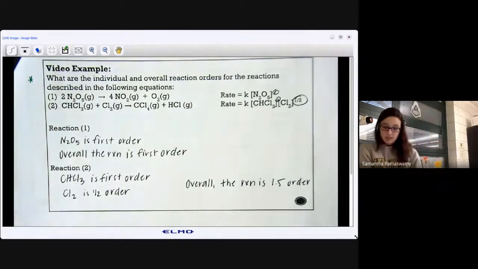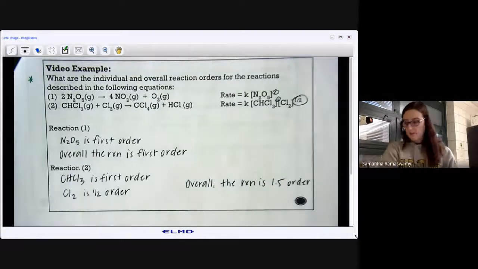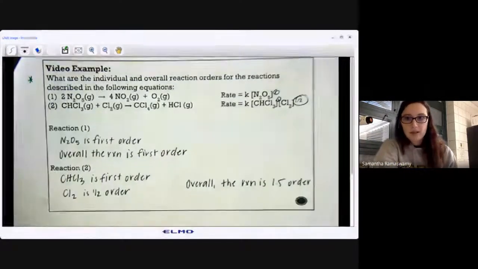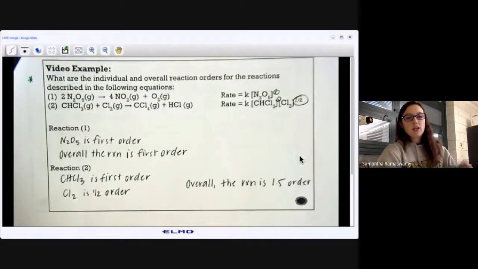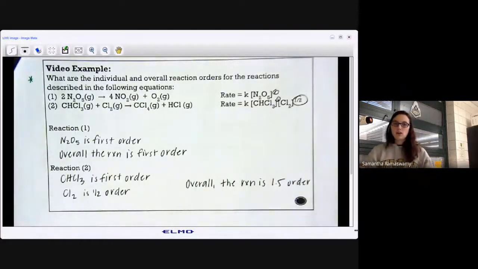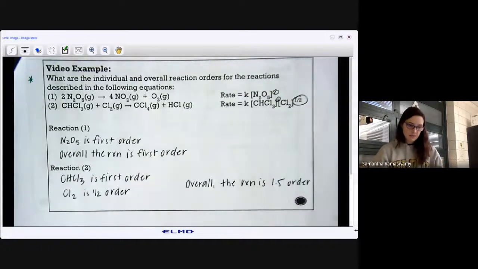So that's the video example from the bottom of page 7. That's just using the exponents to determine the order of each reactant.